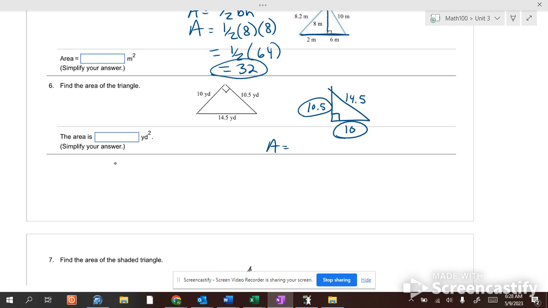So the area of a triangle is 1/2 the base times the height. So the area of the triangle is 1/2 of 10 times 10.5. So it's 5 times 10.5, which is 52.5.